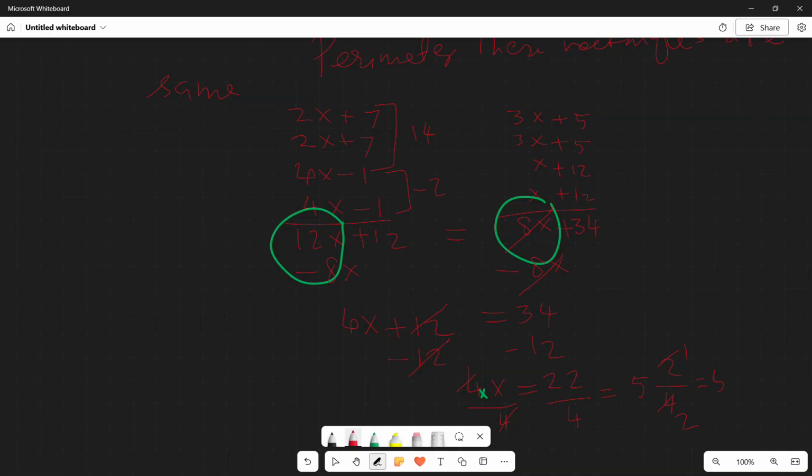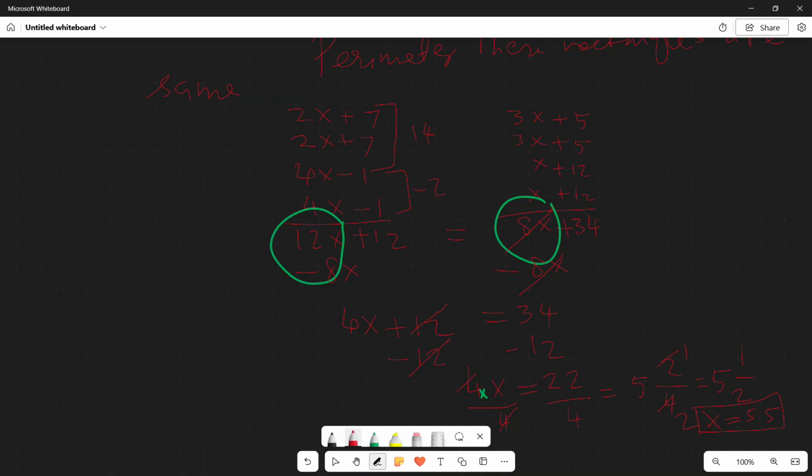So the final answer is 5 and 1 over 2, or you can say x equals 5.5. This is your final answer.